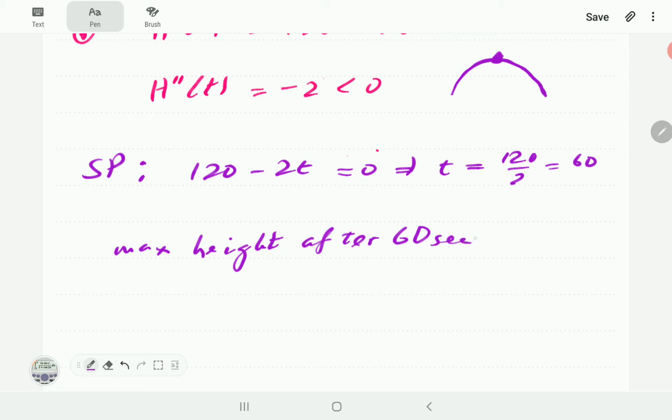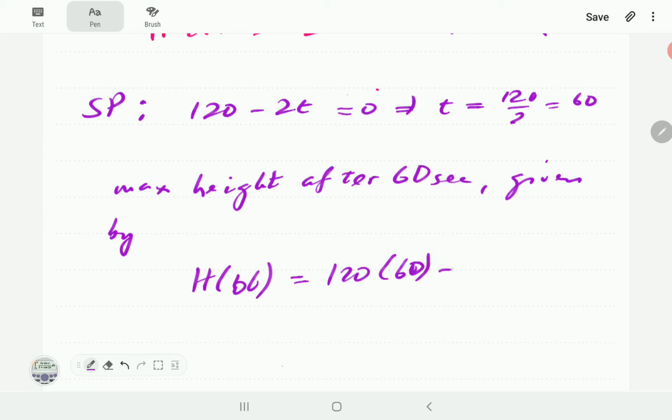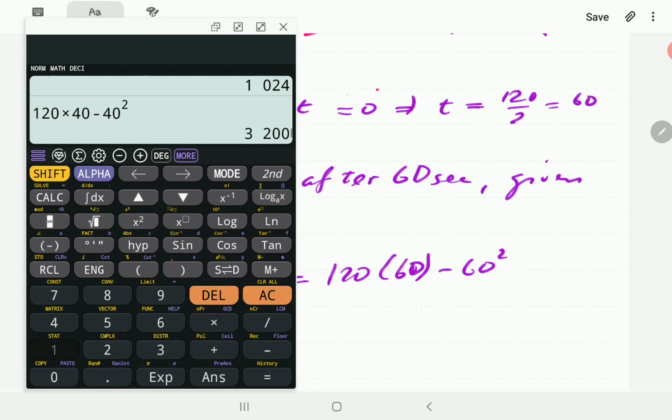And that maximum height can be found by simply plugging in 60 in the height function: 120 times 60 minus 60 squared.